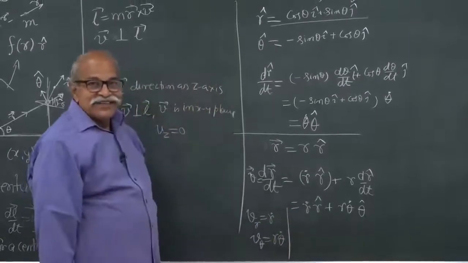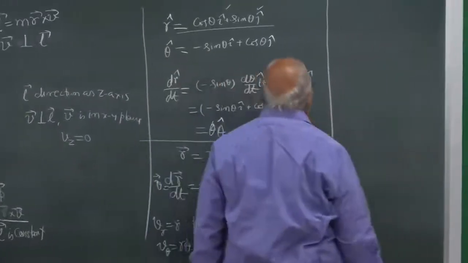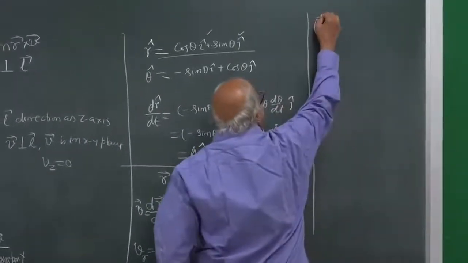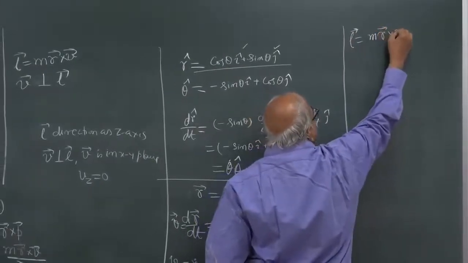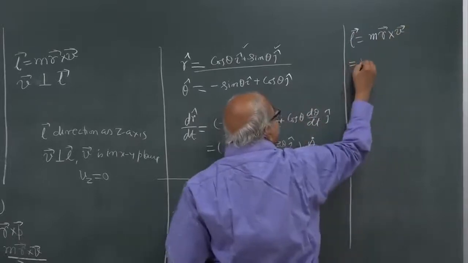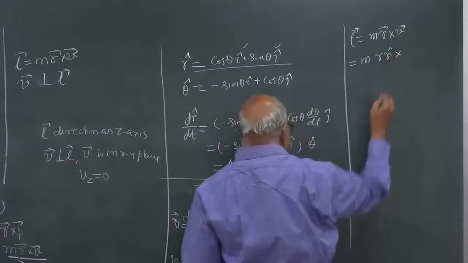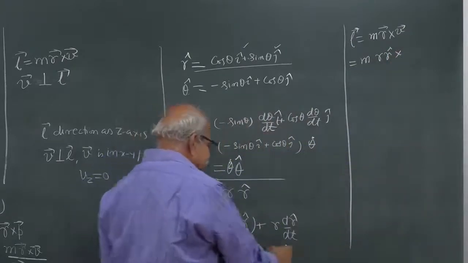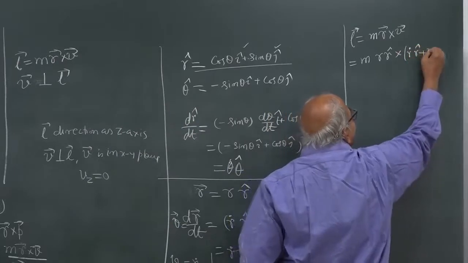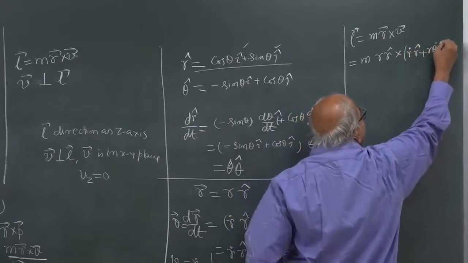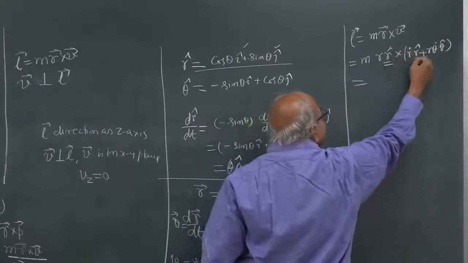You can write an expression for this L, which is m times r vector cross v vector. The r vector is r r cap, and the v vector is r dot r cap plus r theta dot theta cap. r cap cross r cap is 0.